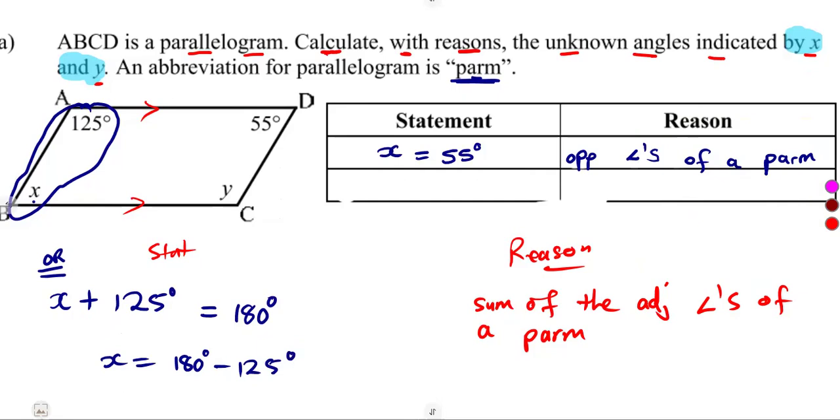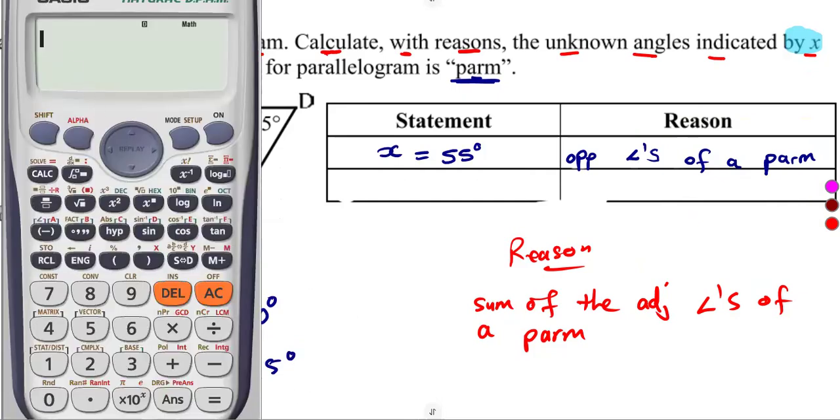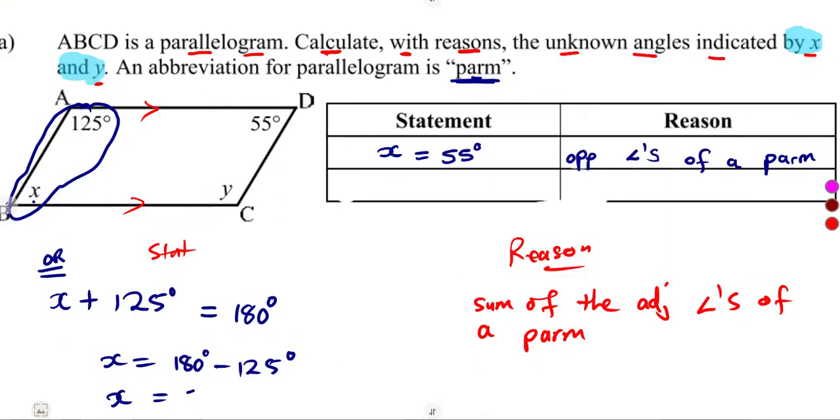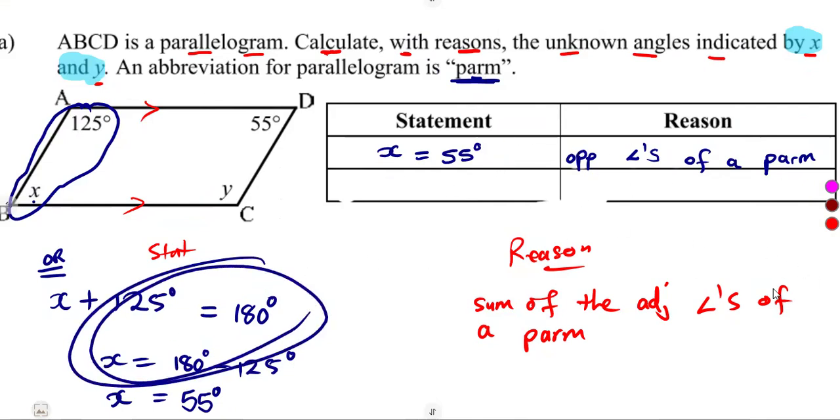We are solving the equation, guys. So we subtract 180 degrees minus 125. This was going to give us 55 degrees. The same value of X that we found directly. This one was direct, but this one, you can see you have to solve.